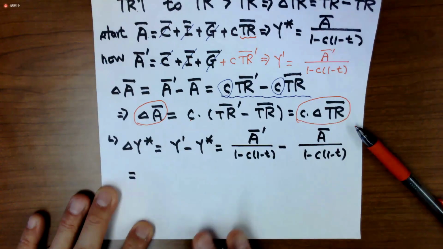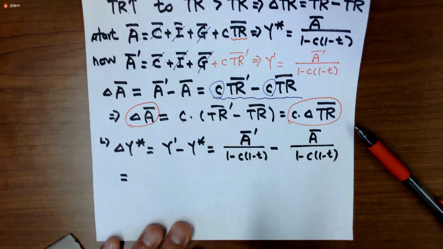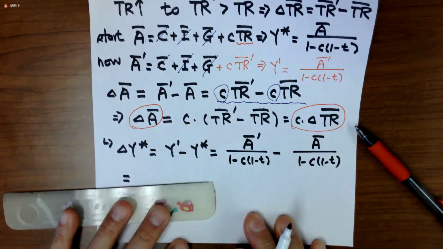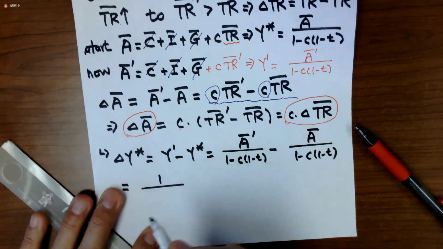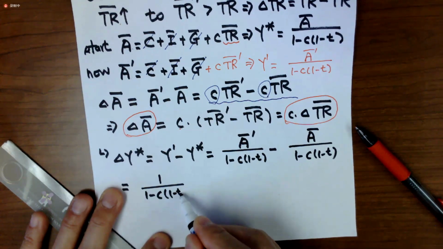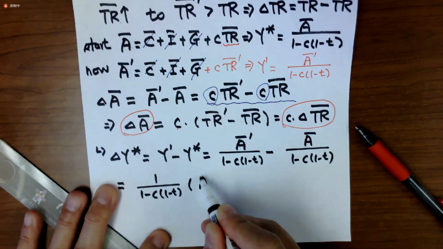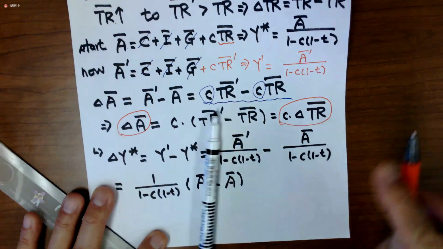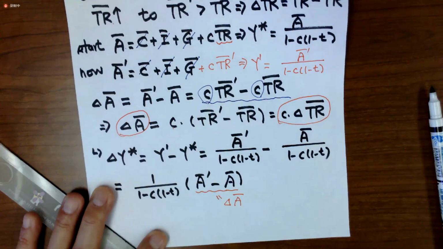So when I look at these two expressions, do I have a common term? What is that? 1 over 1 minus C, 1 minus T, correct? And then you have A bar prime minus A bar. This is a change in A bar, right?